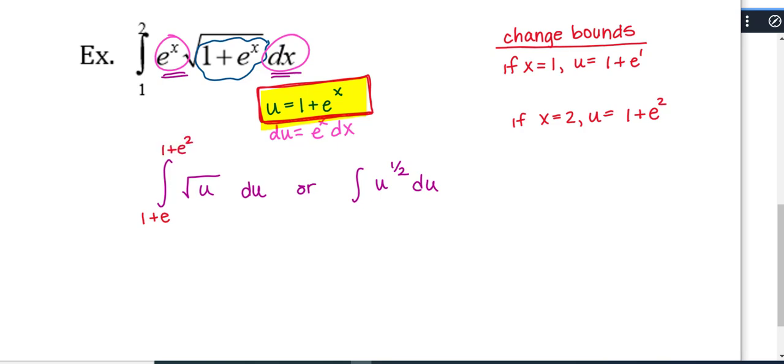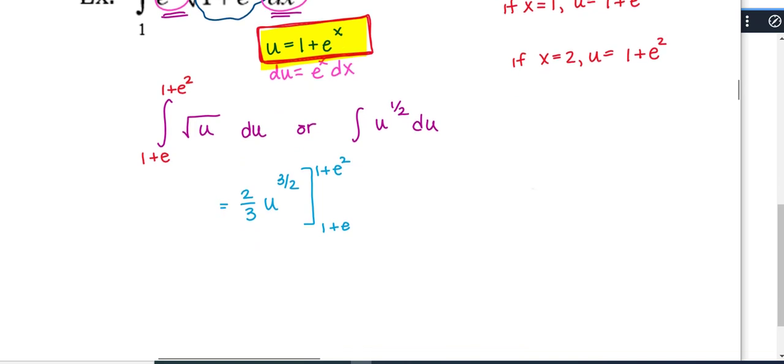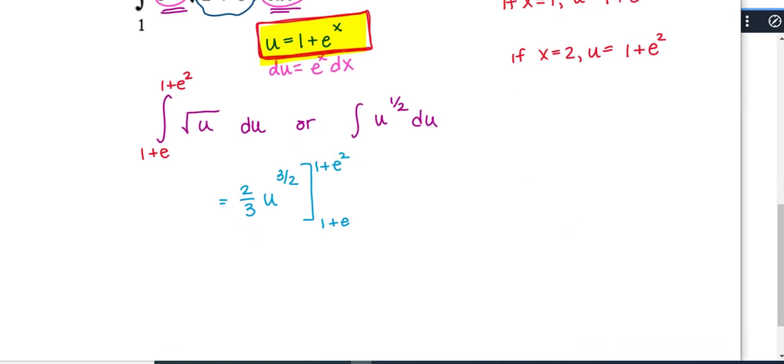Okay, so when we anti-differentiate u to the half, I do get u to the 3/2 times 2/3. I'm going from 1 plus e to 1 plus e squared. And then I'll put my bounds in. I don't need to go back to x's, right? The whole point of doing this is that you don't have to go back for x's because now everything is in terms of u. So I have that 2/3, and then here's my upper and lower bounds.